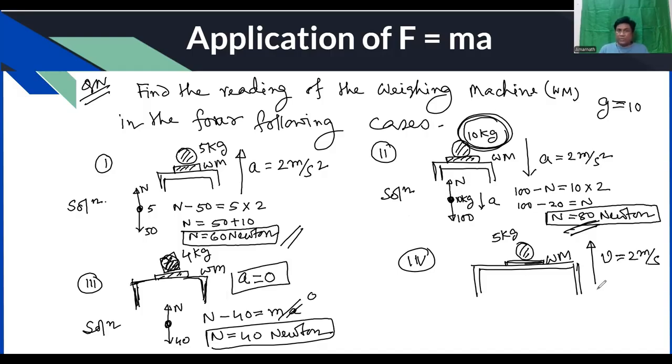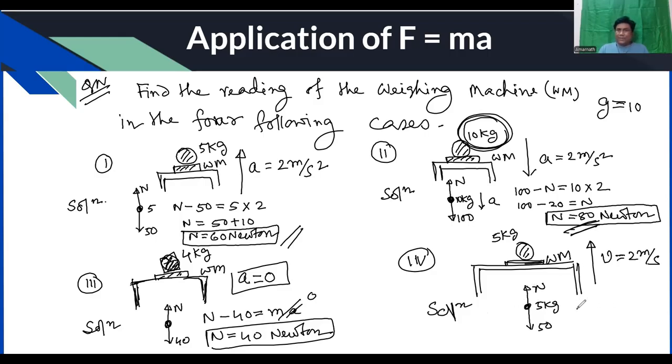So this is the third question. The fourth question is just given to confuse you, nothing else. Because in the fourth question, you can see this is a 5 kg block. Draw the free body diagram. There it is 50, there it is the normal reaction, okay?